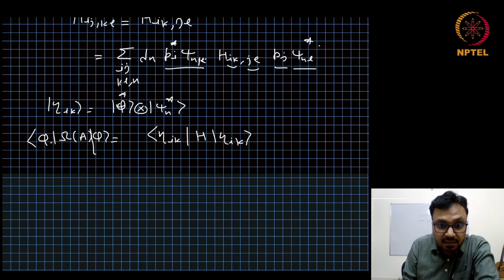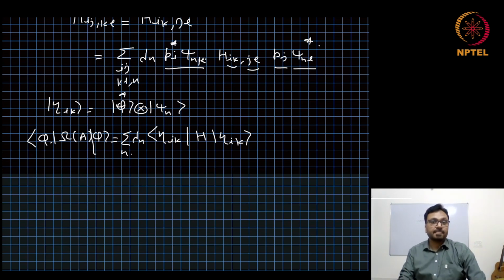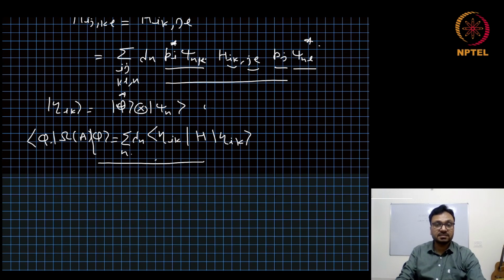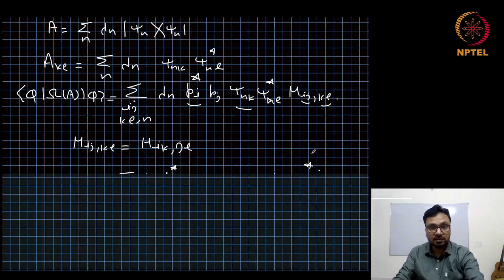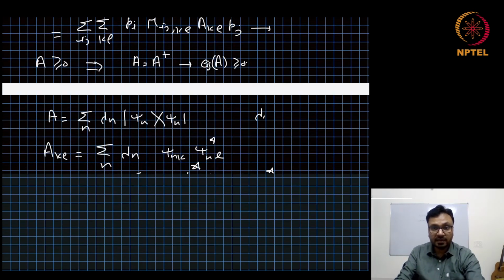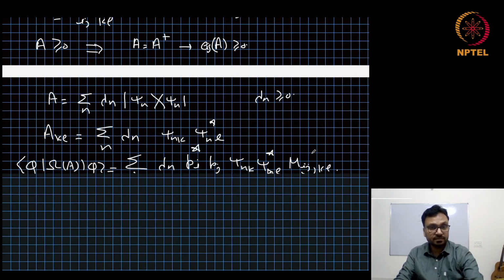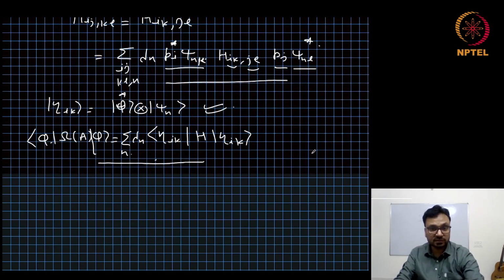Sorry, it's a star here and star here, and lambda n, sum over n. This equation is same as this equation with this definition of beta. Just a reminder that lambda n are positive because A is a positive operator.